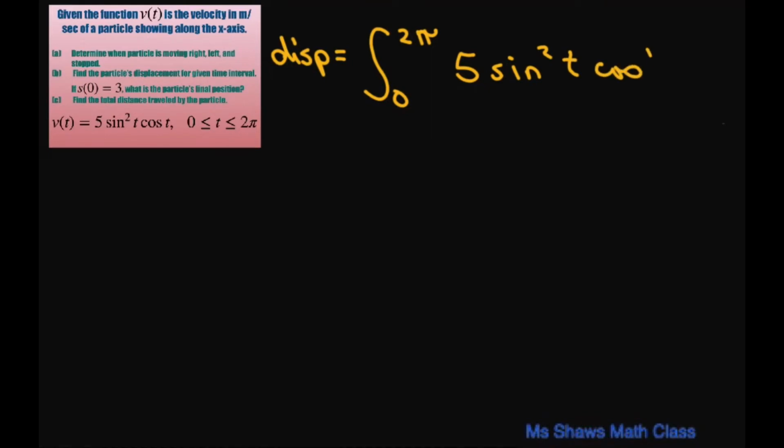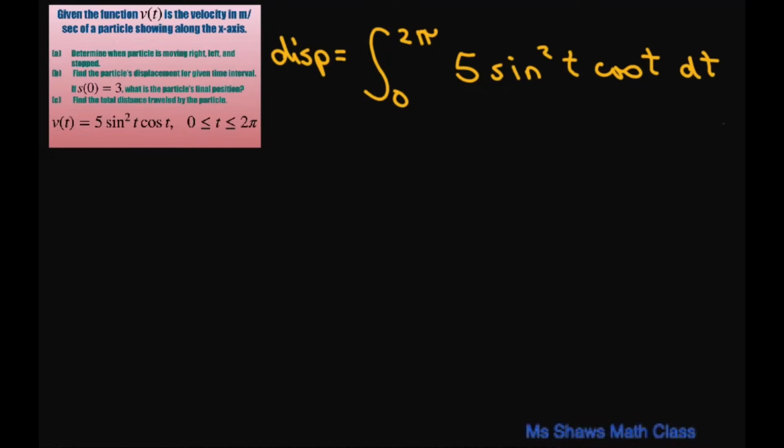Okay, so now let's go ahead and do our displacement problem. So your displacement equals the integral from 0 to 2 pi of 5 sine squared of t times cosine of t dt. Now I'm going to rewrite this a little bit so we can integrate it.